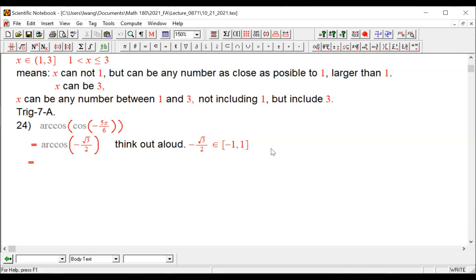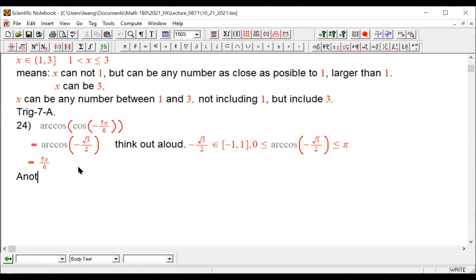And the range, right? The answer you expect before you get to it is going to be between 0 and pi. In particular, this answer is going to be 5 pi over 6. DRA.